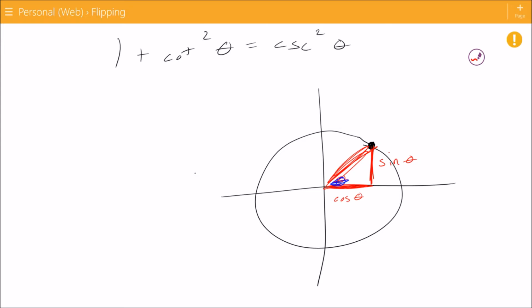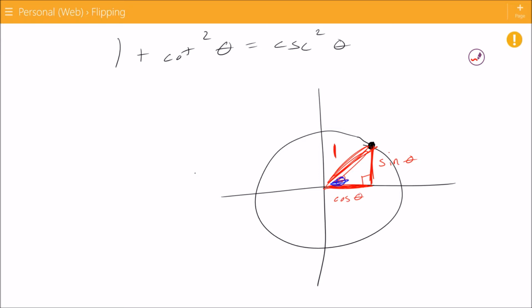And hey, I've got a right triangle here. This is looking awfully familiar. I've got one leg of a right triangle, another leg of a right triangle, and then on a unit circle, we know that the hypotenuse is 1.